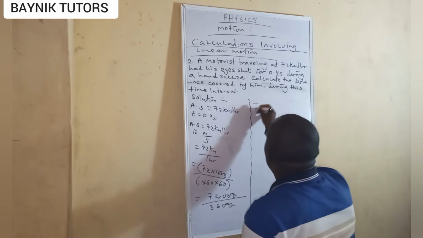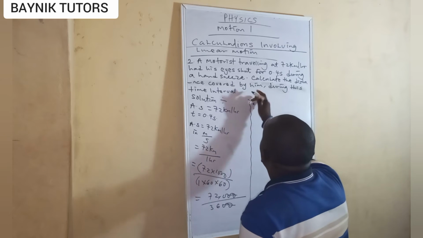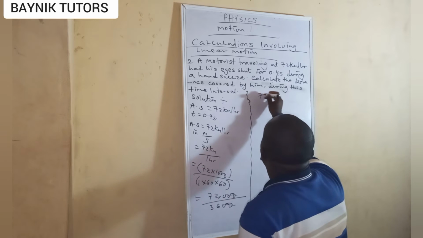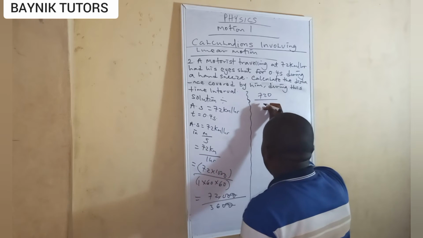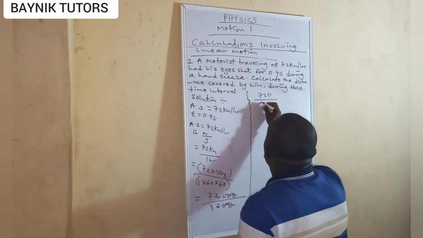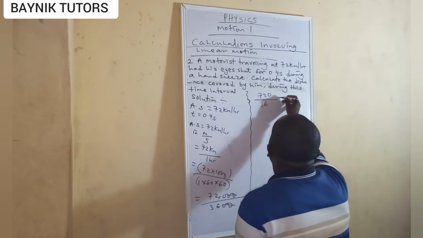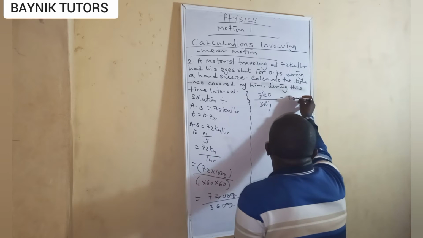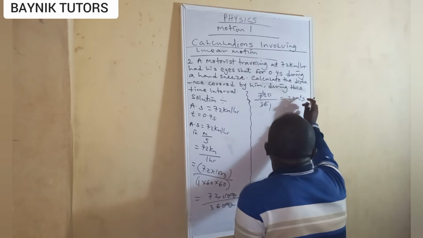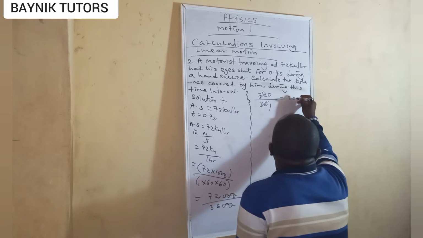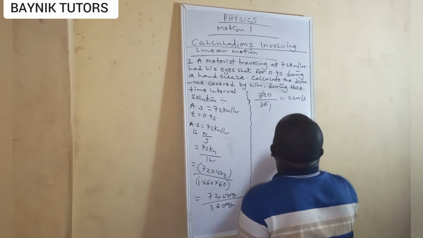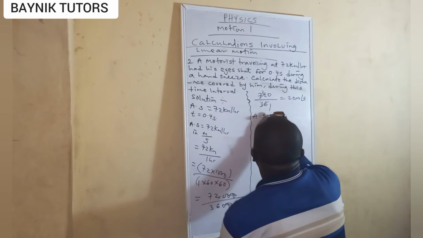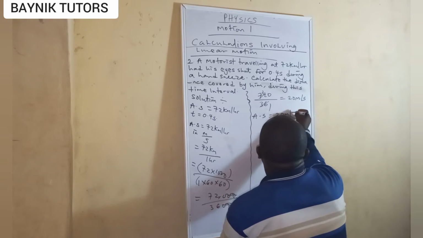It now remains 720 over 36. 36 here 1, here is 2. That's 20 meter per second. So our average speed is 20 meter per second.